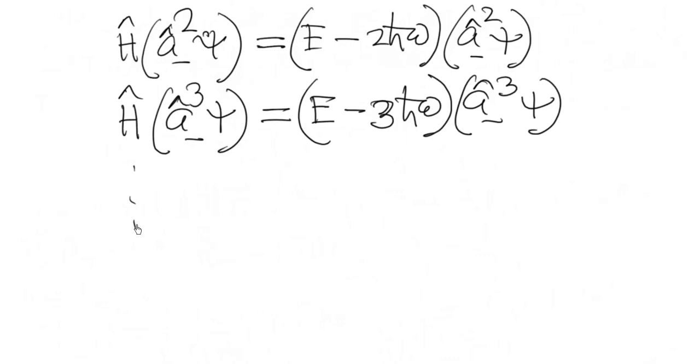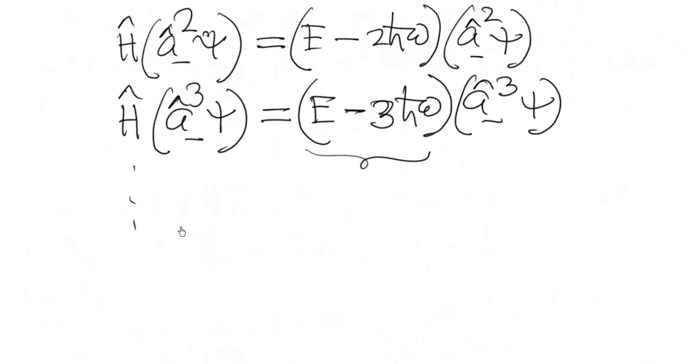If you continue doing this, by operating on psi by A minus again and again, your energy will decrease from E, and at some position this energy becomes negative, and we'll have to stop just before this happens, because negative energy is not allowed for the simple harmonic oscillator.